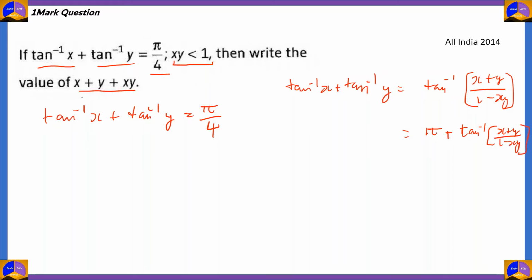So how do we know which of them is which? Tan inverse x plus tan inverse y will be equal to tan inverse x plus y by 1 minus xy when xy is less than 1. And tan inverse x plus tan inverse y will be equal to pi plus tan inverse of x plus y by 1 minus xy when xy is greater than 1.